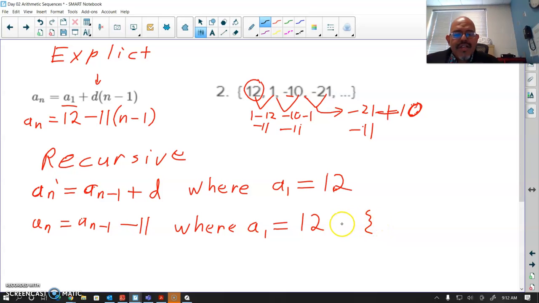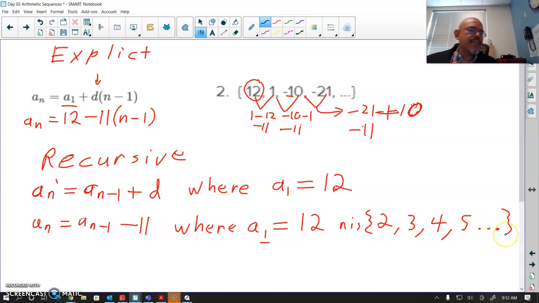Where n is the sequence of numbers, instead of starting with 1, because we already have 1 done, we're going to start with 2, 3, 4, 5, dot, dot, dot. Close that. And that's basically our domain. We're just writing down the domain: what is n going to be equal to? And that's about it.